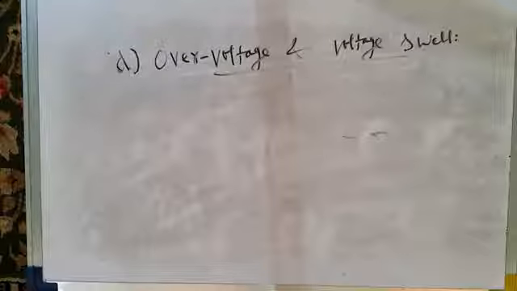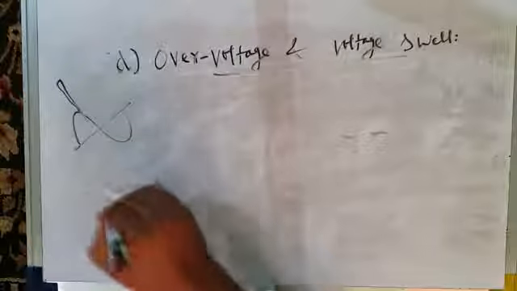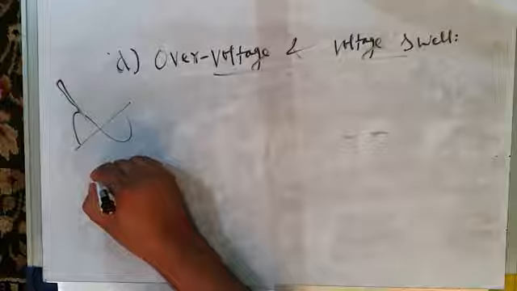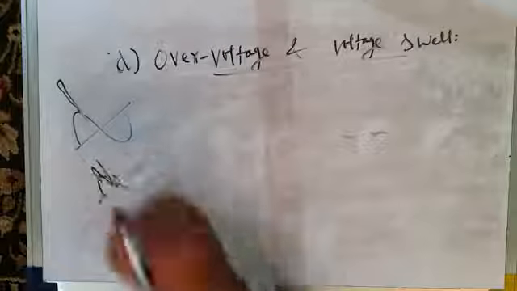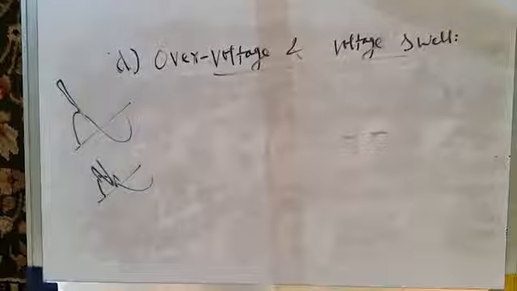Over voltages of very short duration and high magnitude are called transient over voltages. Like you have already seen transients like this or transients like this. They are also over voltages, but they are of very short duration. So that's why they are called transient over voltages or voltage surges or voltage spikes.